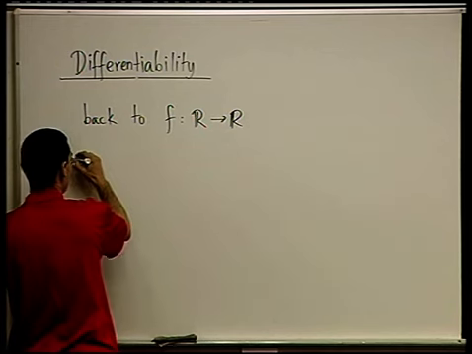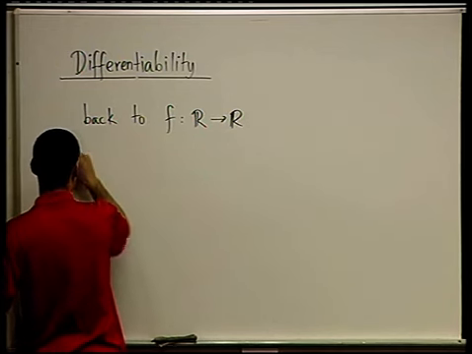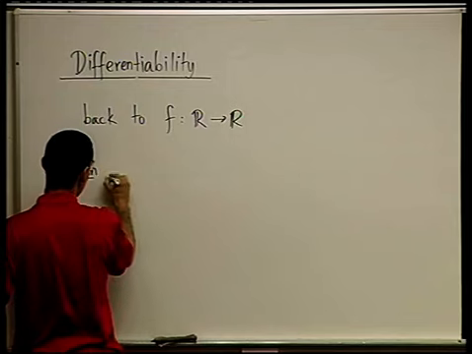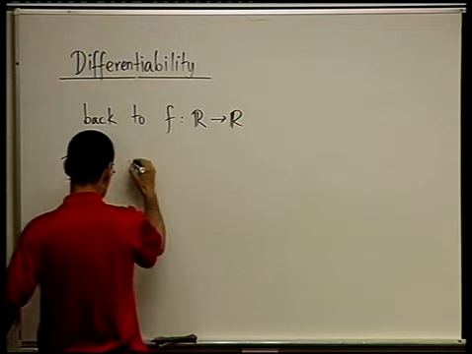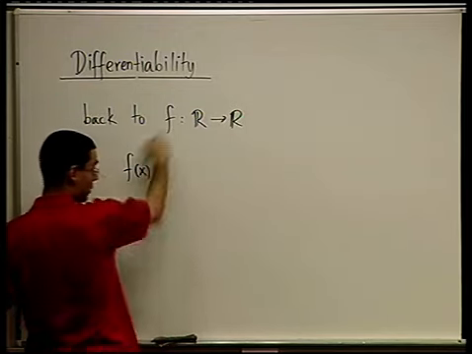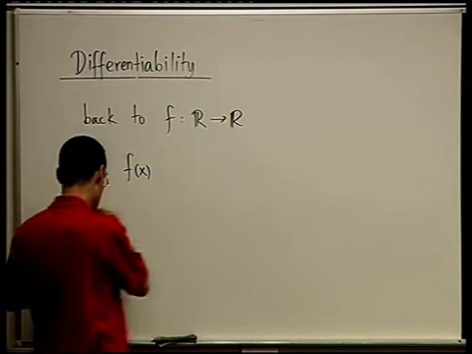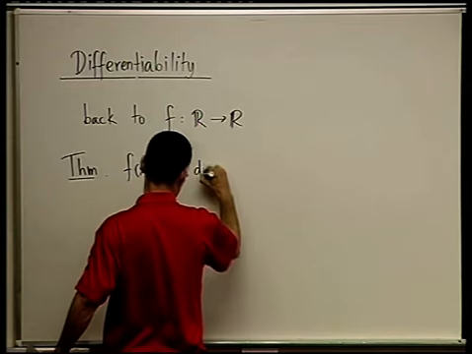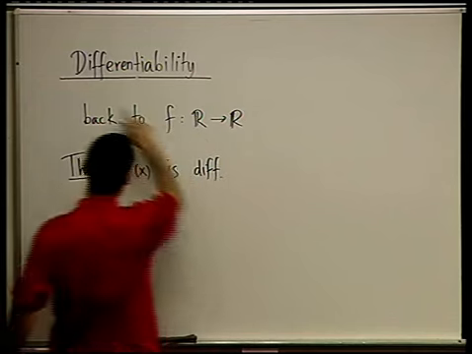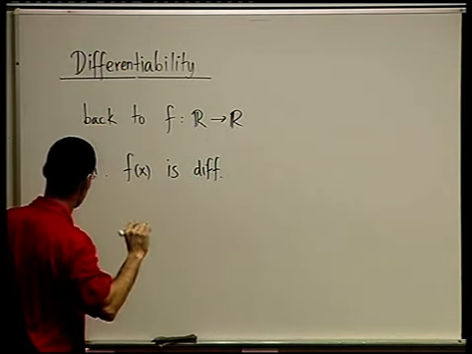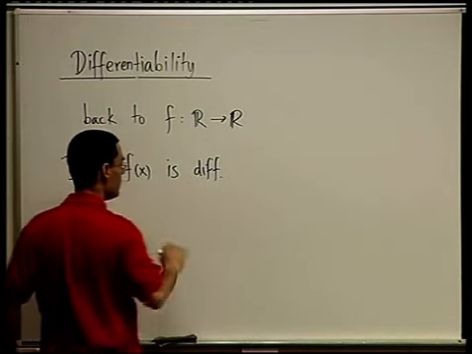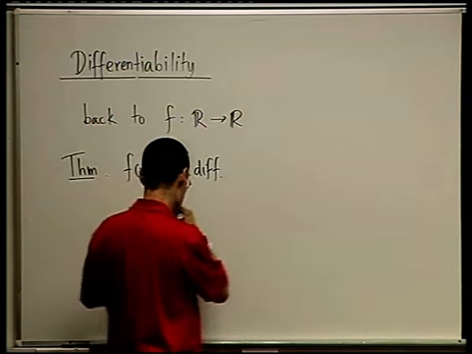And it's a theorem. I want to write it as a theorem. So the theorem is the following. f of x, a single variable function, is differentiable. This word is way too long for me to write again, so diff is going to be differentiable.